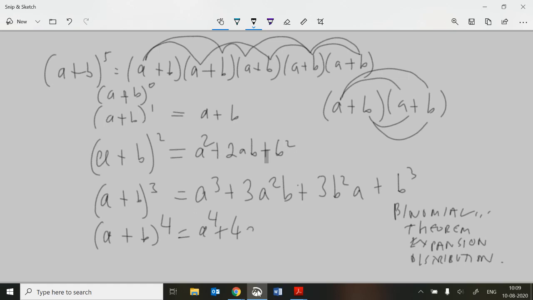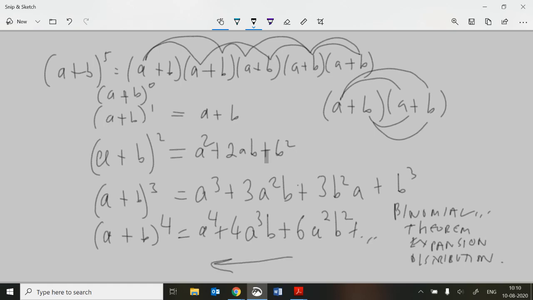So we get 4a cubed b to the power of 1 plus 6a squared b squared plus, and maybe you can see how that one continues. It's going to go essentially backwards the other way.